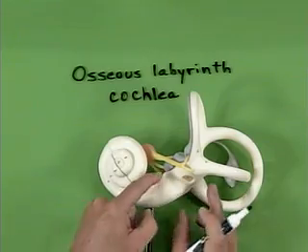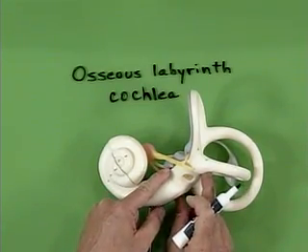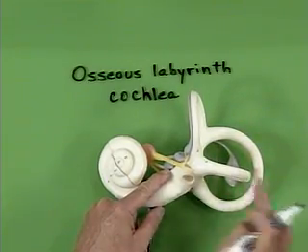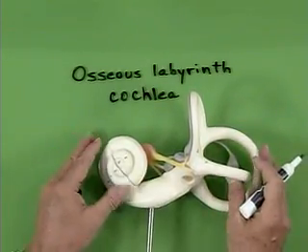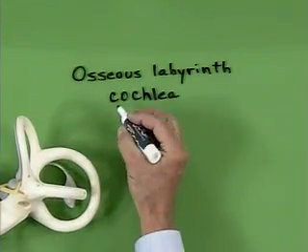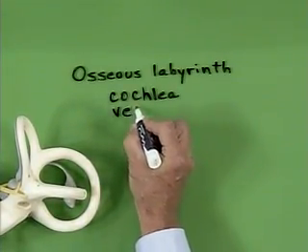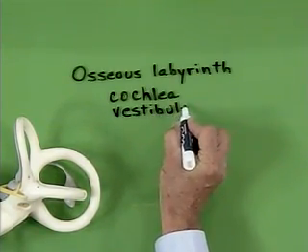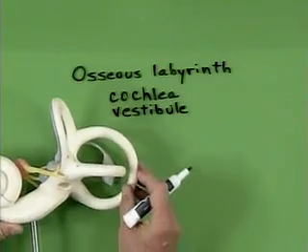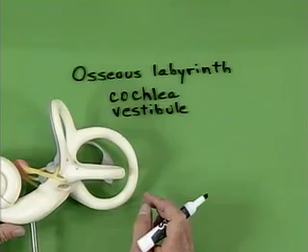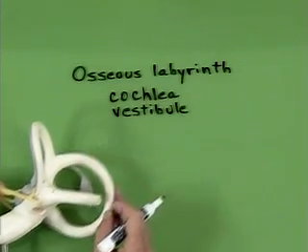Then that connects to a bulbous enlarged portion right in here, to which these 3 loop-like structures attach. That bulbous enlargement in this central area right here is called the vestibule. And these 3 loop-like structures are called the 3 semicircular canals.